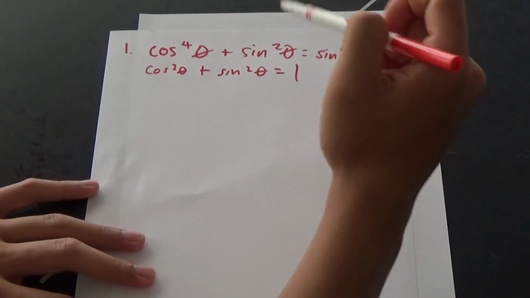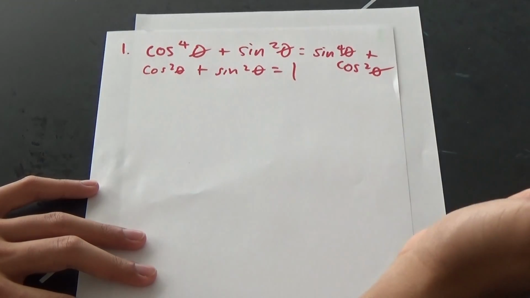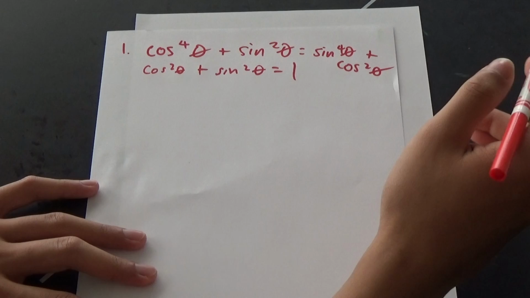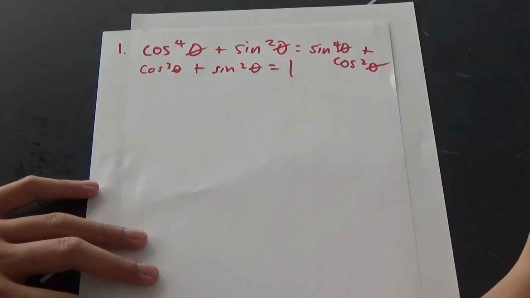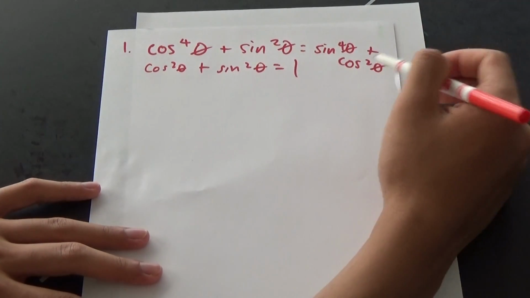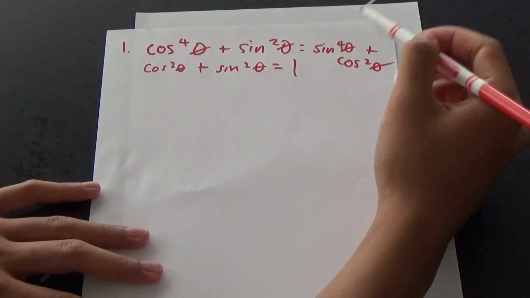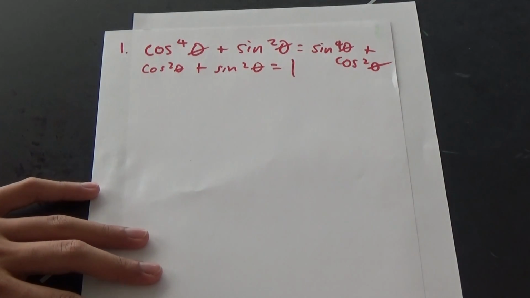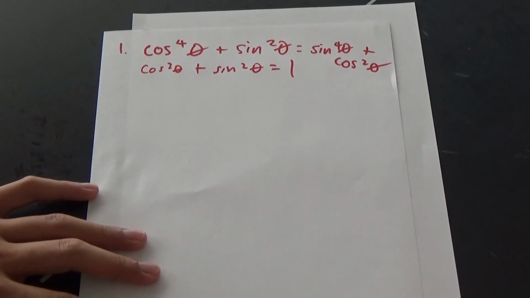The first thing to do when you see problems like these, and there's a bunch of things you can do, is look at the other side of the equation. You want to see what you ended up with. And that may give you a hint as to what you need to do to get there.